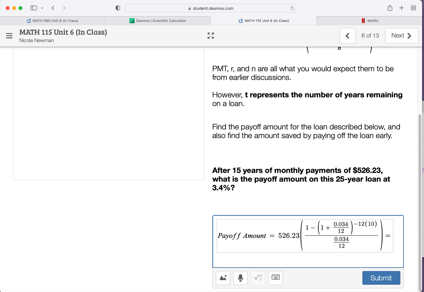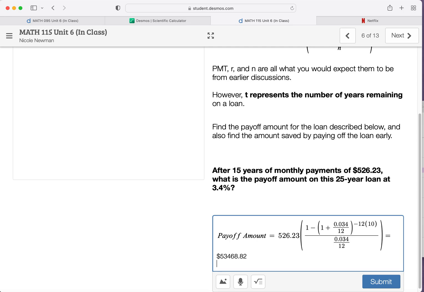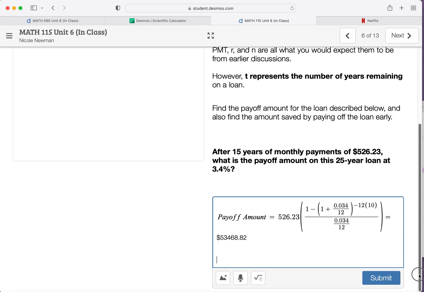So equals. I'm a little bit worried it's not going to fit, so let me come down. $53,468.82. So if Maya wants to cash out with 10 years remaining, that's the amount of money she would need to go to the bank with to try to cash out.